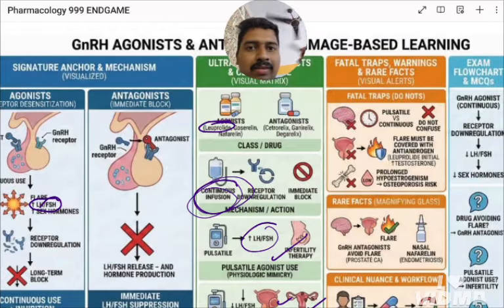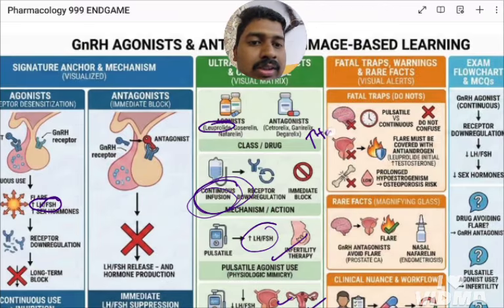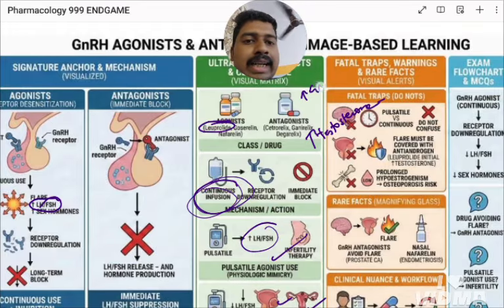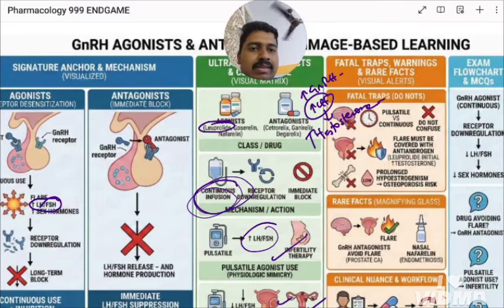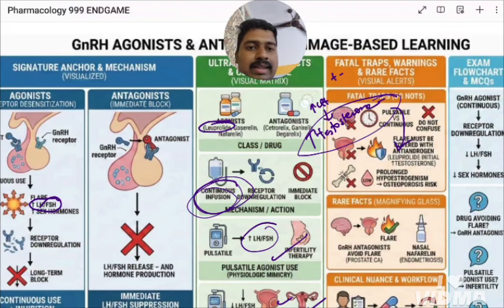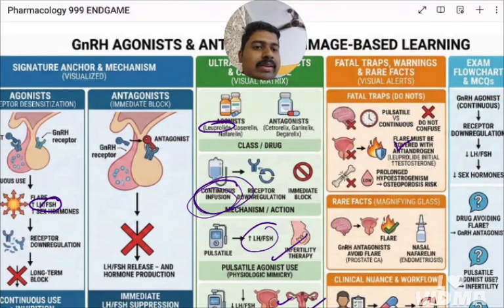Along with that, there is a problem: it will increase testosterone also, because increased GnRH causes increased LH and increased LH causes increased testosterone. This is in the initial week. Increased testosterone is very bad for prostate cancer because that is basically the reason prostate cancer has occurred. So in the initial few days when we start leuprolide, we'll have to give an anti-androgen so that there won't be an increase in testosterone. That is the meaning of this.